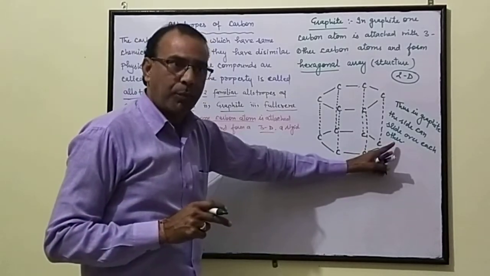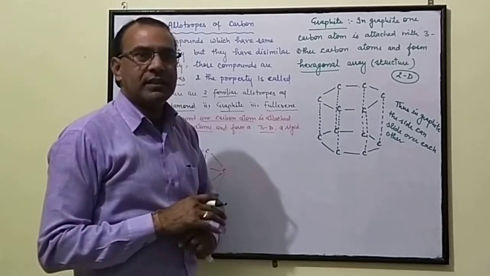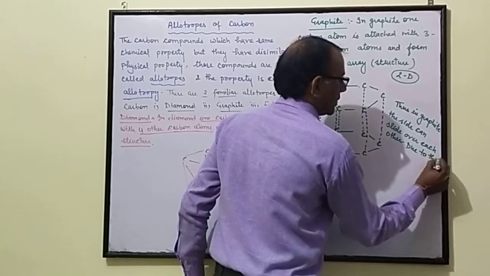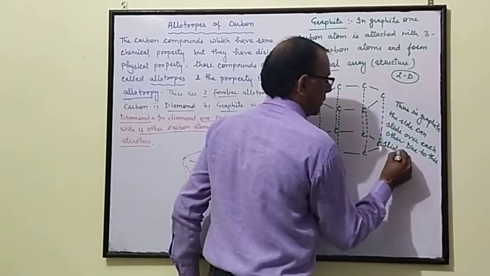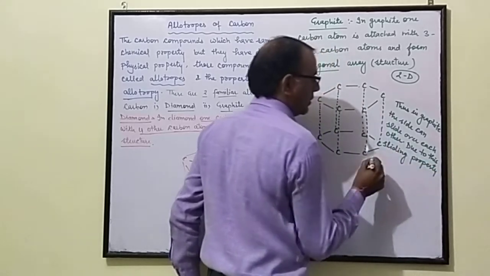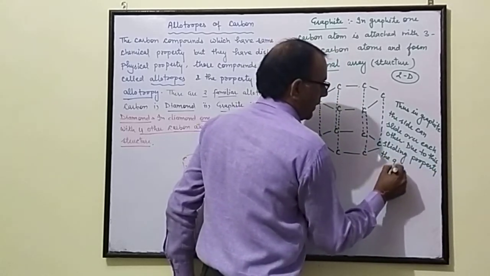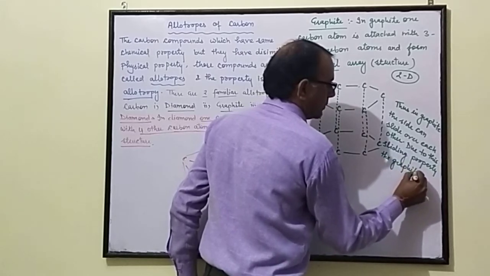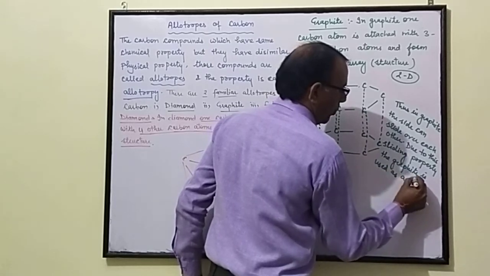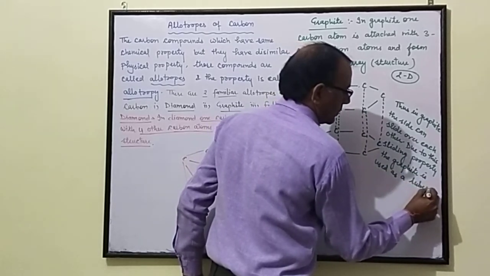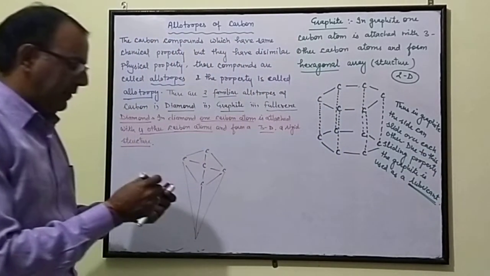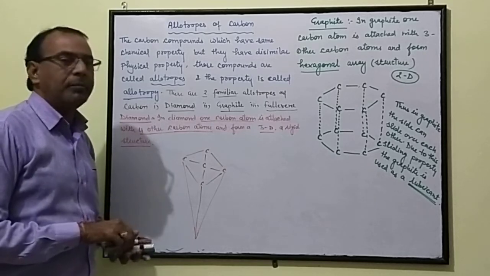Due to this sliding property, graphite is used as a lubricant, or lubrication material.